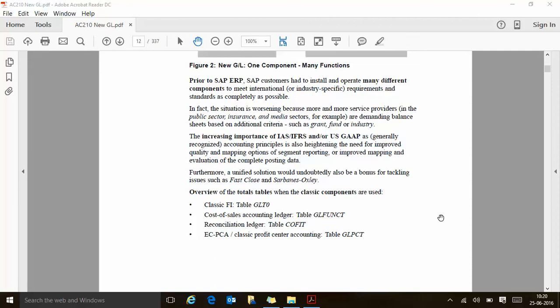So these are the old tables which were being used in classic GL. All these were replaced by new GL.